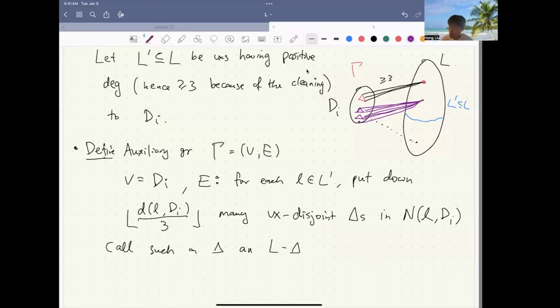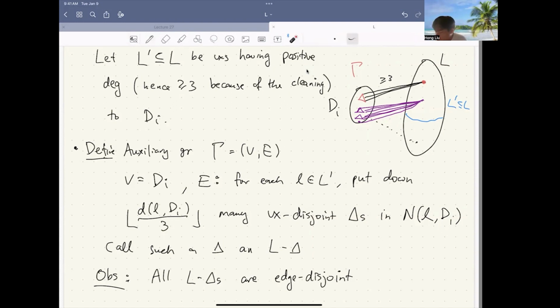So the observation: all L triangles are edge disjoint pairwise. Why is that so?